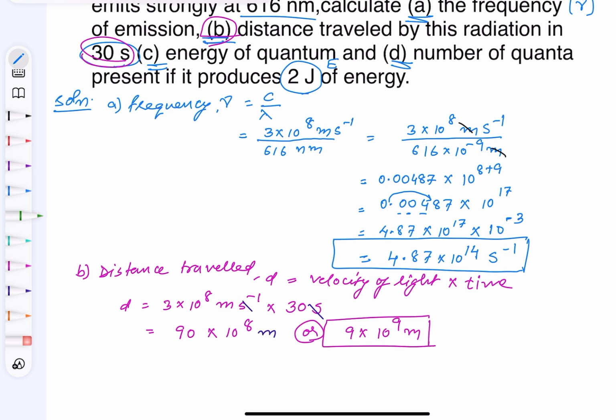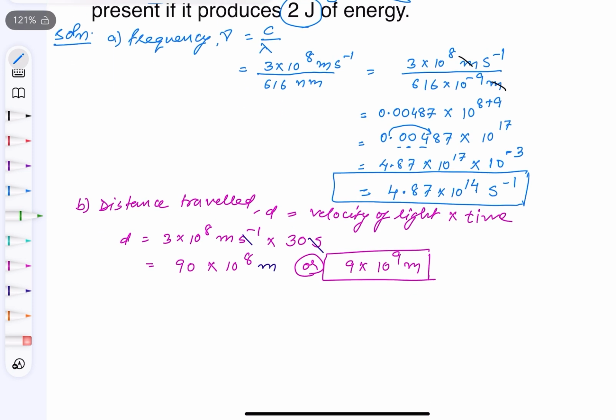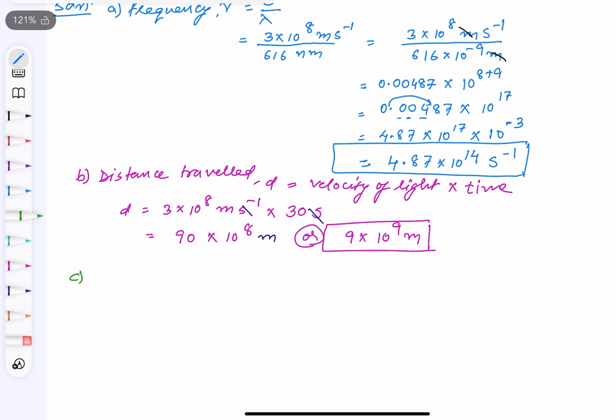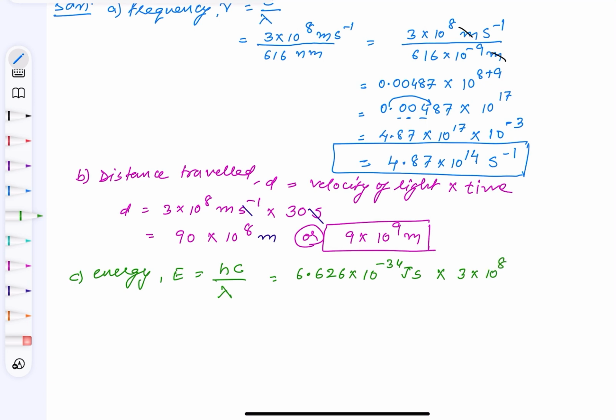Now let us talk about the third one. Here they ask energy of quantum. So we need to find out the energy E, and for which we are very well aware of the formula hc by lambda, where h has a value 6.626 into 10 to the power of minus 34 joule second, c is 3 into 10 to the power of 8 meter per second, divided by lambda.